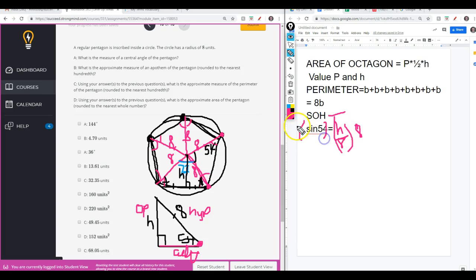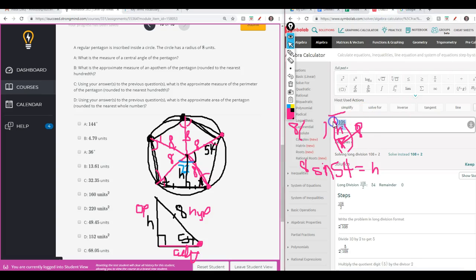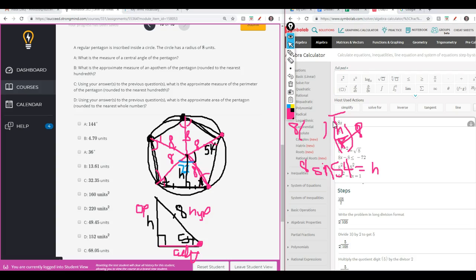Multiply both sides by 8, because I know this will reduce down to a 1. So then I'll have 8 sine of 54 is equal to 1h, because 8 divided by 8 reduces down to a 1, and this is more typically just written as h. It's implied that the 1 is there. So if we jump over, we have 8 sine of 54 degrees.